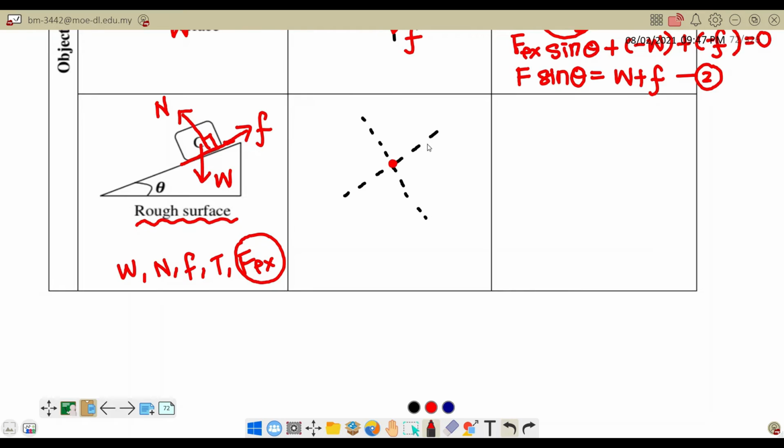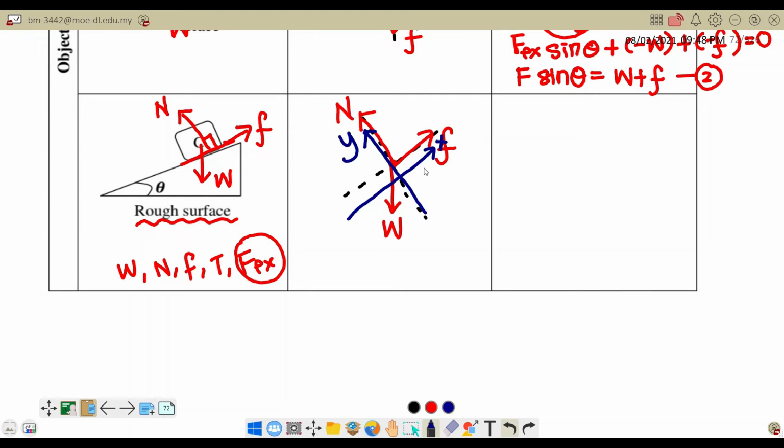So we transfer it into our free body diagram where we have mg, the weight, we have friction, and we have normal force. For an inclined plane, we need to assume that this direction is the x component and this direction is our y component.